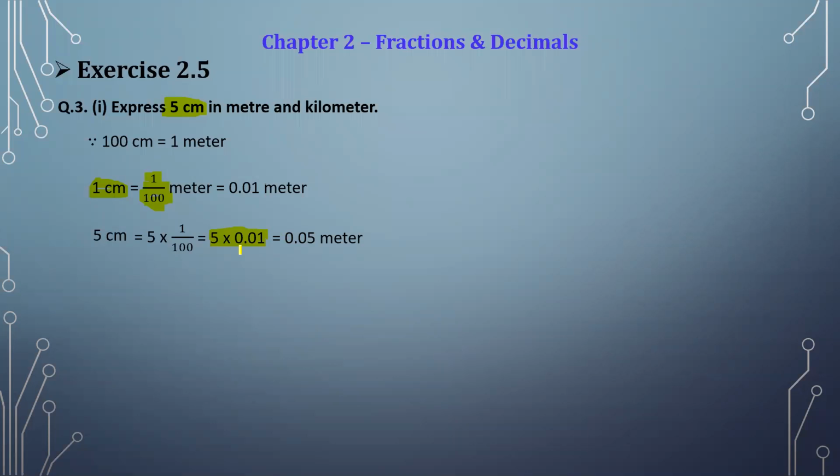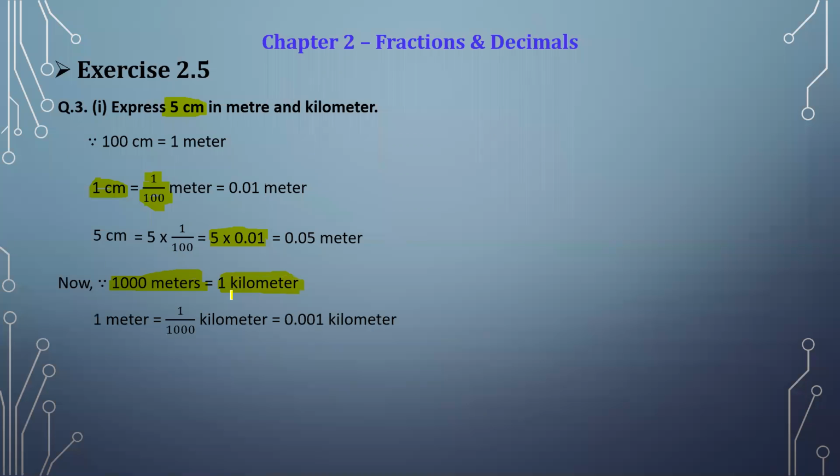For that we should know the relation between meter and kilometer. We know that 1000 meter is considered as 1 kilometer. From this relation we can calculate the value of 1 meter in the form of kilometer.